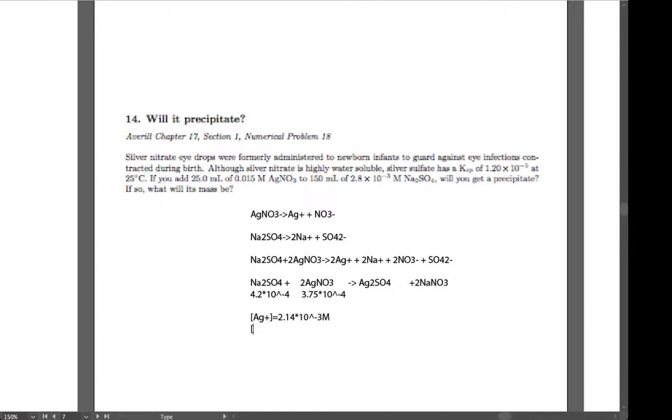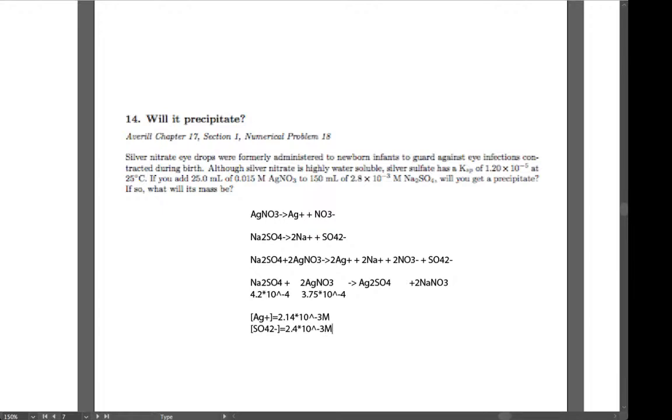The SO4 2- concentration, when you divide it by the volume, would be 2.4 times 10 to the power of negative 3 molar. Something went wrong for a moment, but there you go.